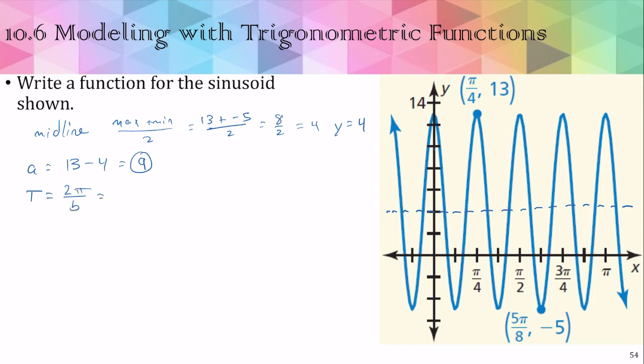So we start here at a maximum, go all the way down, and then back up to the maximum, so that's one full cycle. It's the up and the down, so that appears to be pi over 4. Cross multiply. B appears to be 8.